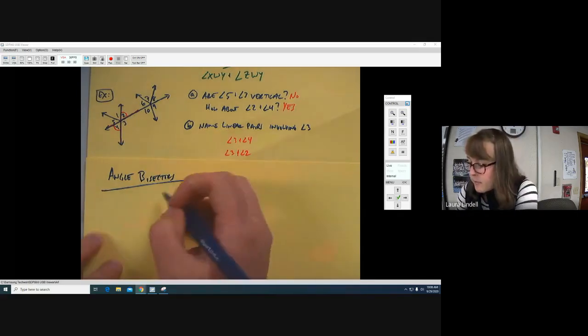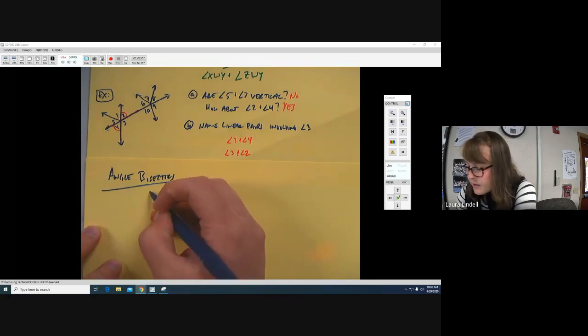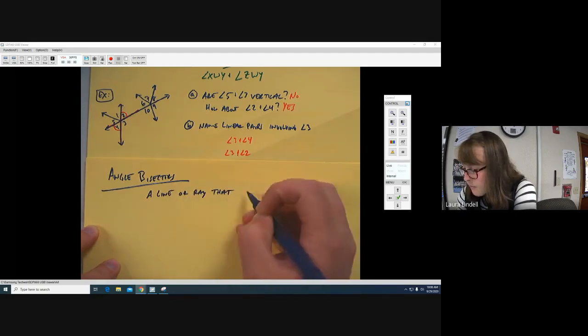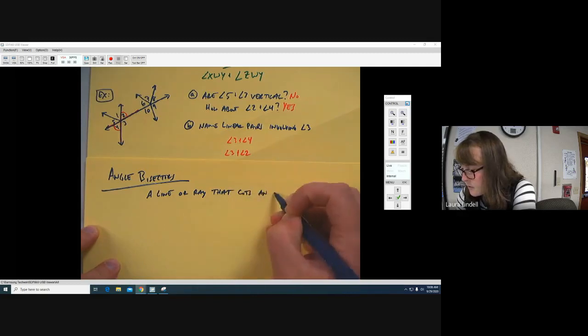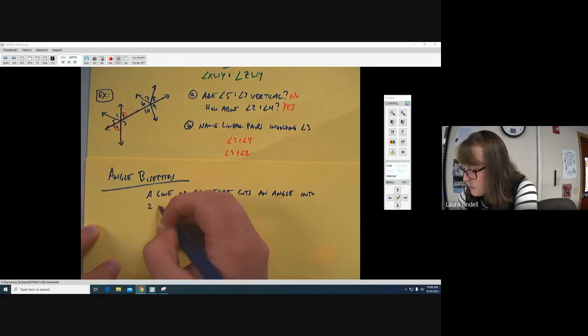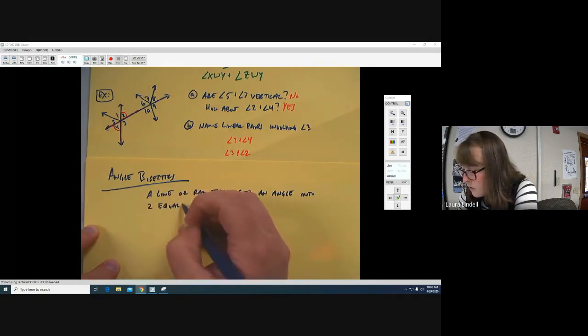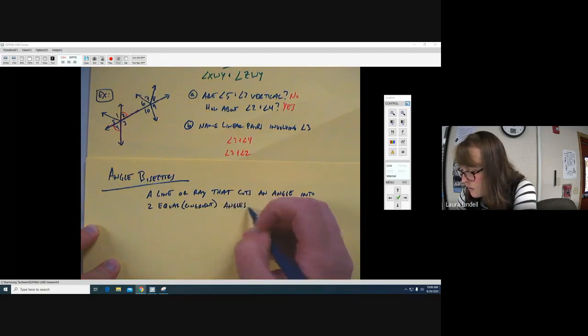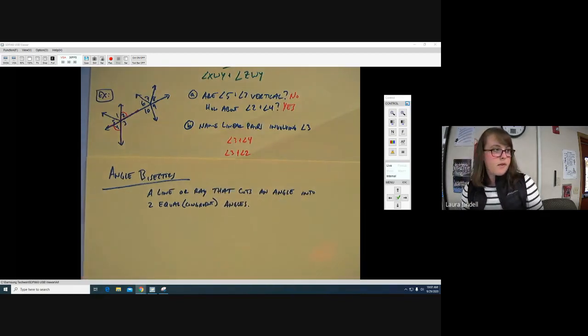So an angle bisector is a line or ray that cuts an angle into 2 equal or congruent angles. Okay, so it cuts an angle into 2 congruent angles.